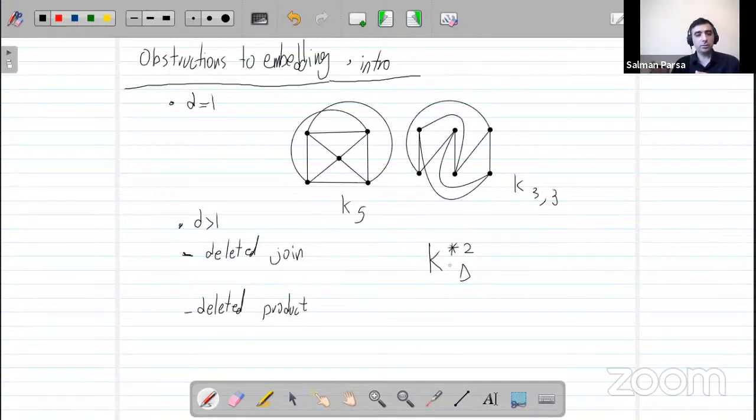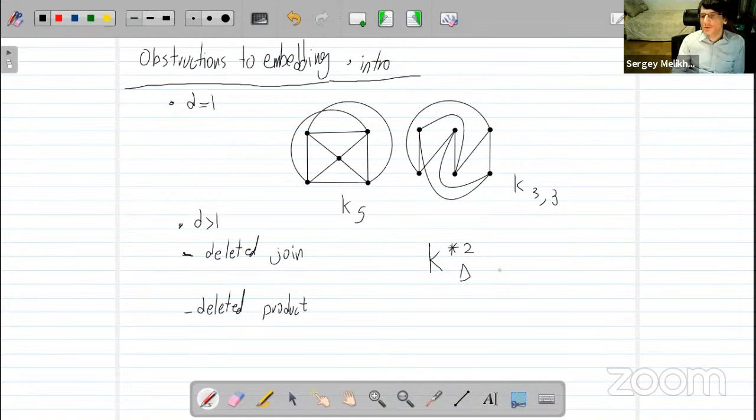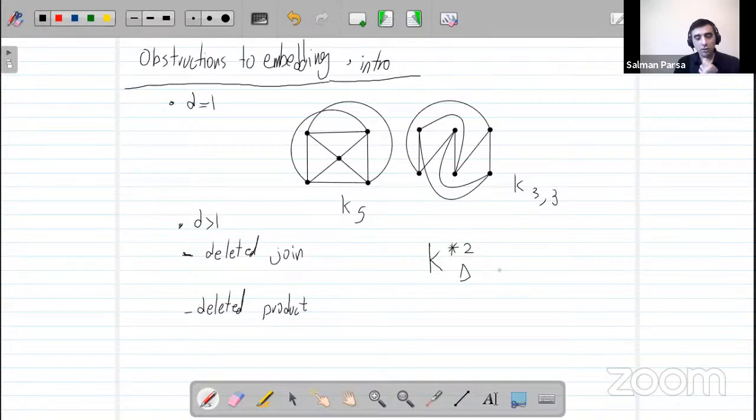So you put the joins of those pairs into your join complex, and this gives you the deleted join. And for the deleted product, to make sure, you are taking the union of the products of pairwise disjoint simplices, right? Yes. So therefore, this will be a simplicial complex, right?